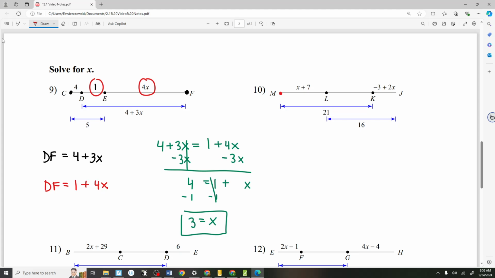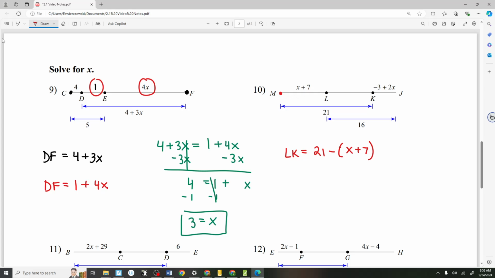So if I want to find LK, it'll equal 21, the whole thing, minus this piece, x plus 7.